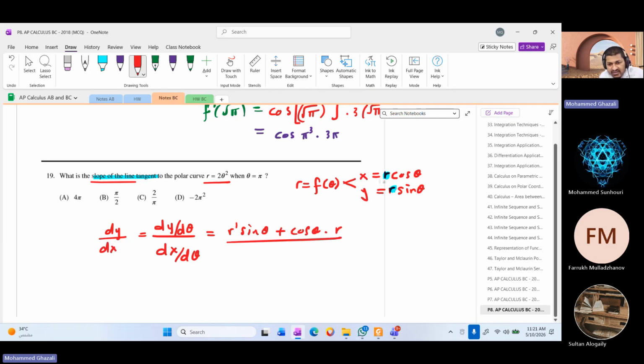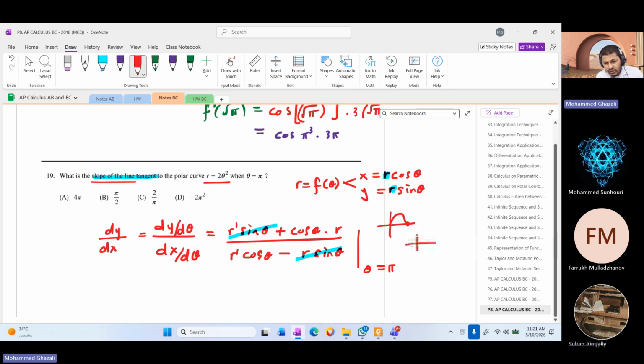Divided by what's dx/d theta? r prime cosine theta minus r sine theta. Now we evaluate this whole thing when theta equals pi. Look at the sine graph. When theta equals pi, sine is just 0. So all of this falls out wherever there is a sine, because sine of pi is 0.